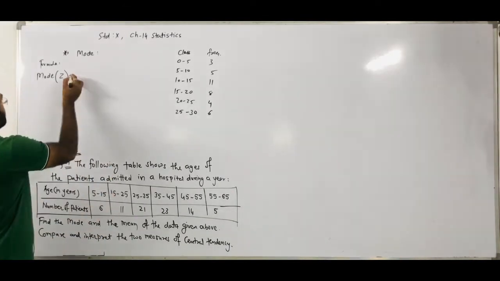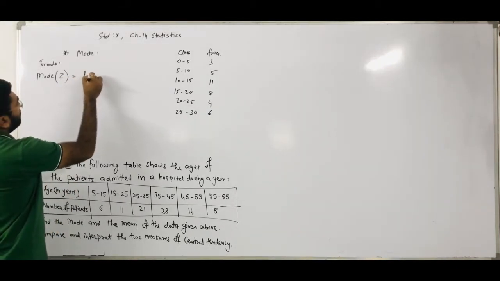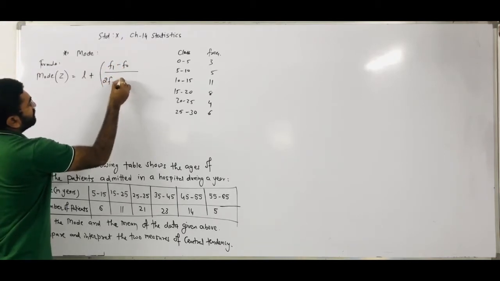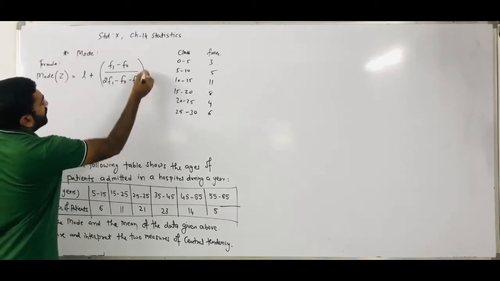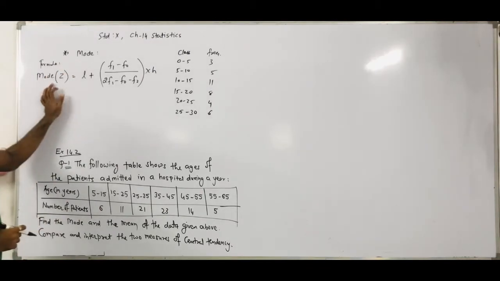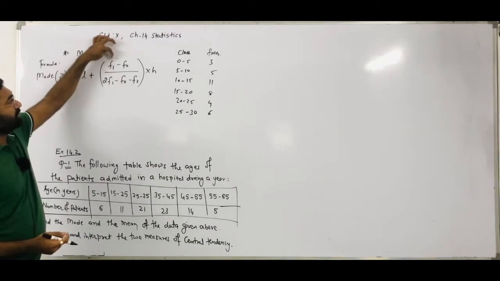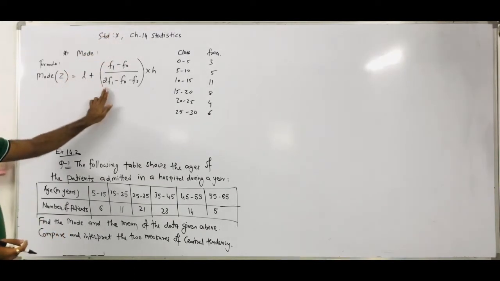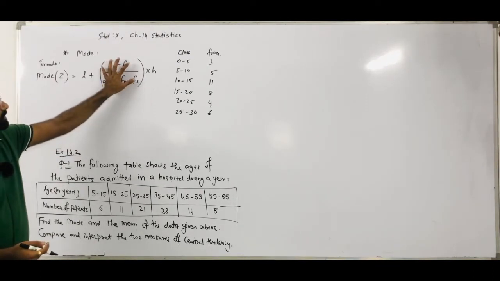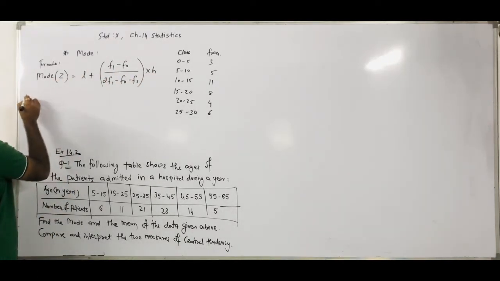Its equation is Z = L + (F1 - F0) / (2F1 - F0 - F2) × H. Again I repeat: mode equals L plus F1 minus F0 in the numerator, over 2F1 minus F0 minus F2 in the denominator, and all of it multiplied by H.